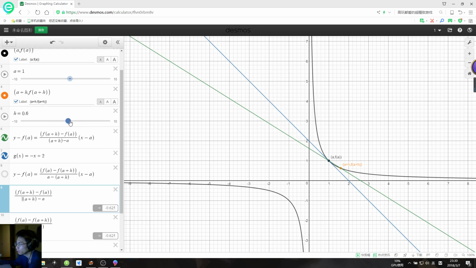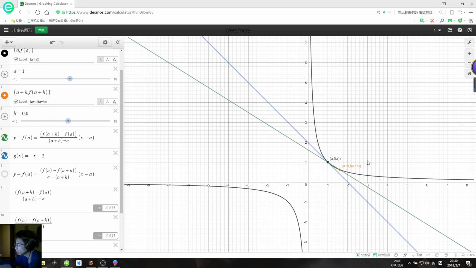Well, if I make the distance, which is the h, because a plus h means that the h is the distance in the horizontal direction of these 2 points, if I make it smaller and smaller, they are approaching each other very close, but not at the same place with each other. I can do it for you.